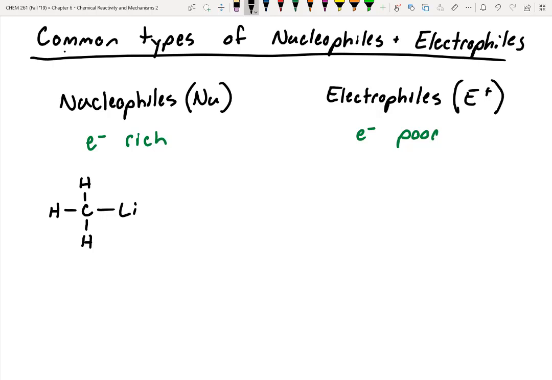So we've got a net dipole pointed towards the carbon, which means this lithium is partial positive and this carbon must be partial negative. So this carbon is clearly electron rich, right? We could say that this carbon is nucleophilic.